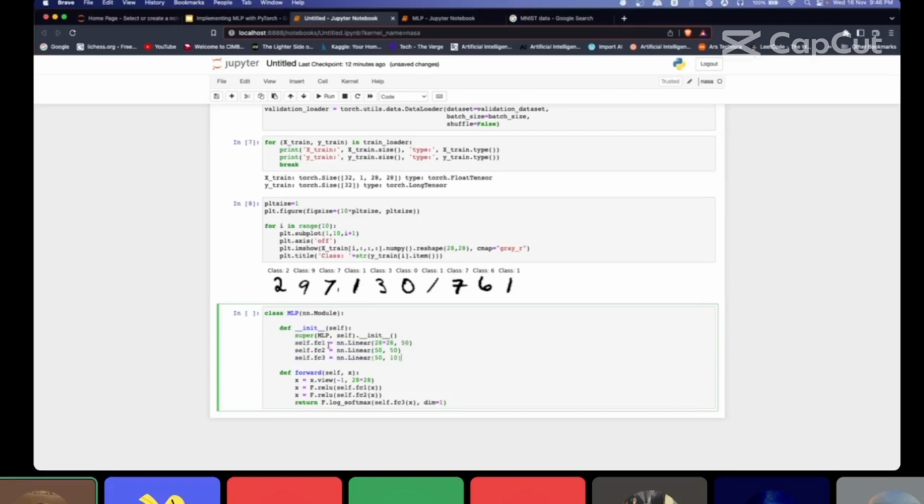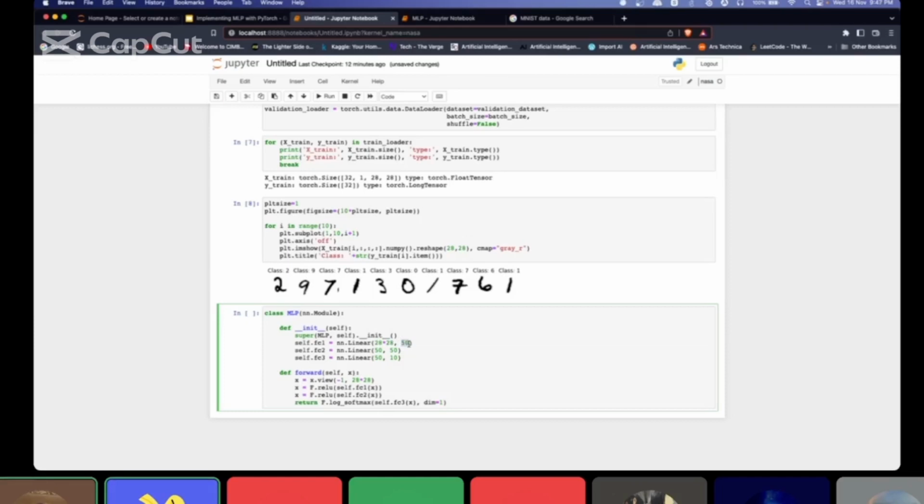Now you have to define the input and the output, and also whatever is in between. The first layer takes a long vector. The vector size is 28 times 28, which is 784. You can just put it this way as well, it's not a big deal. These vectors are going to be connected to 50 neurons.